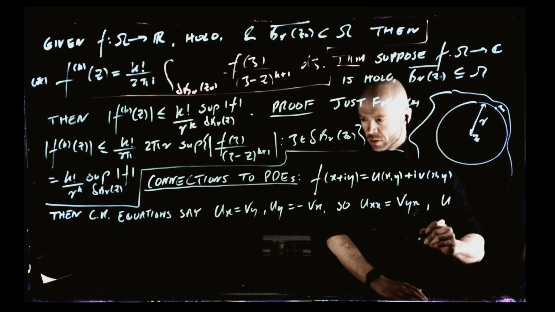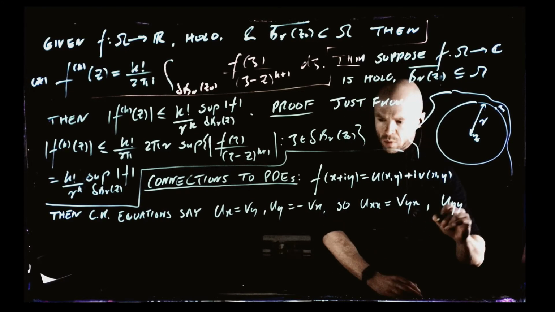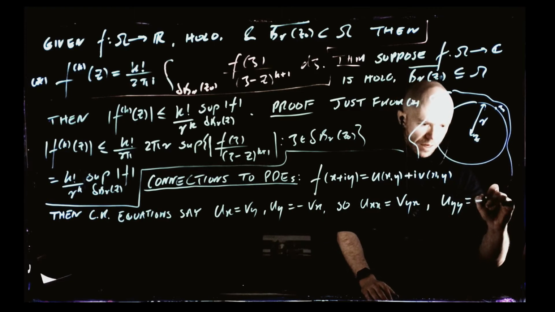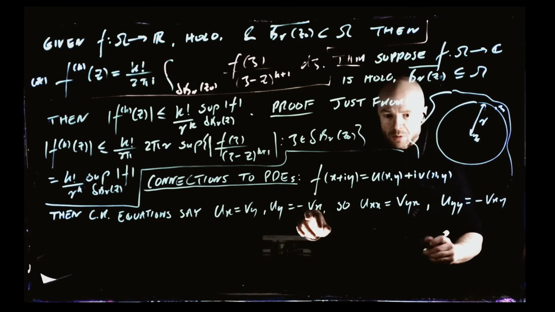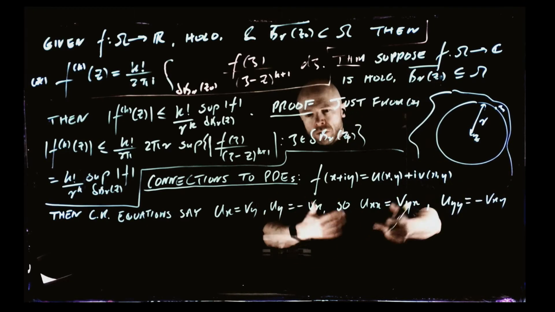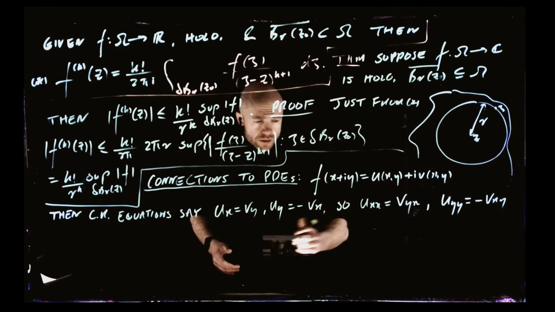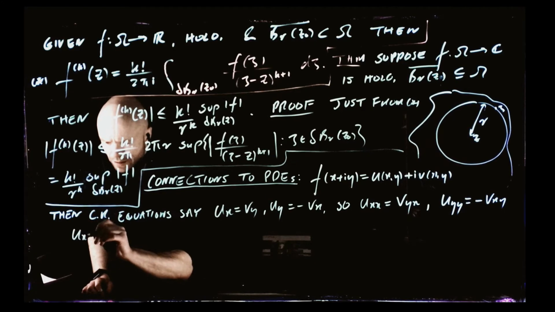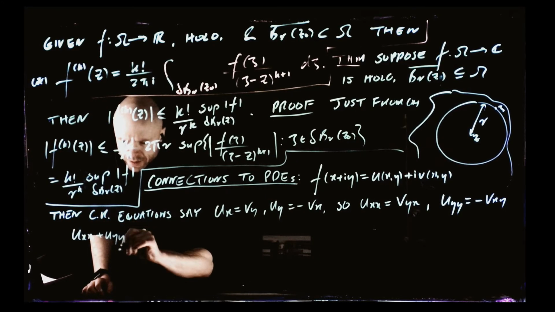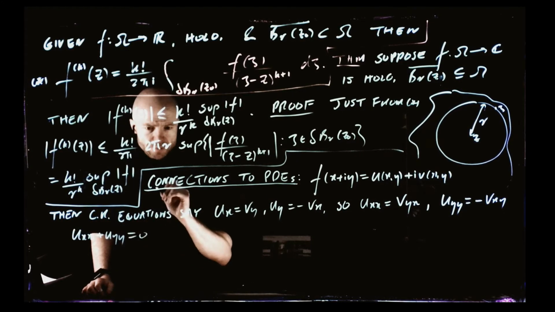And if we do u_yy, then that is going to be minus v_xy, right? Which we're allowed to do because now we have all orders of derivative exist. So that says that u_xx plus u_yy is equal to 0, yeah?